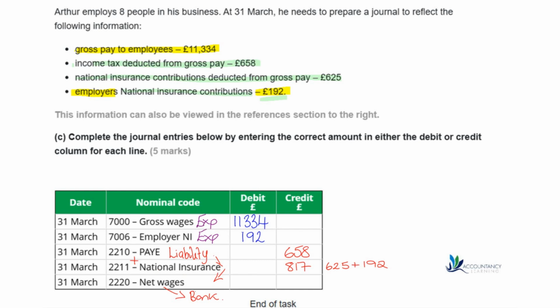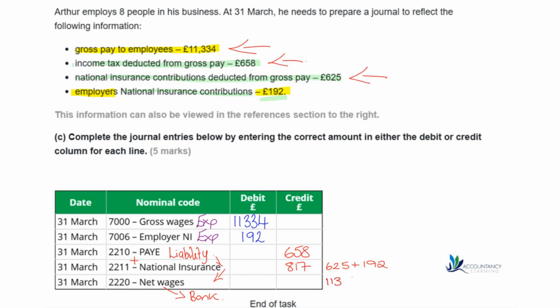And then the net wages. So net wages is going to be the gross pay for the employees. We're going to take off the income tax, and we're going to take off the employees' NI as well.